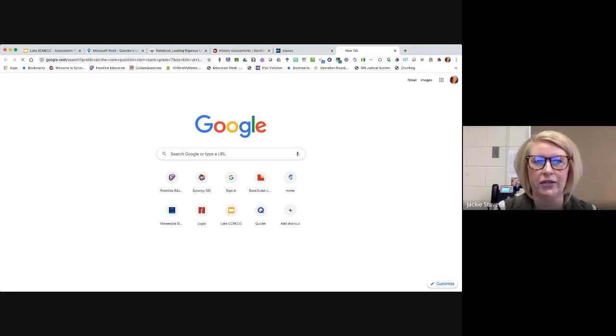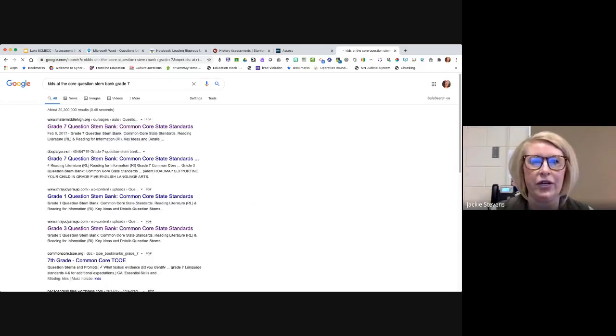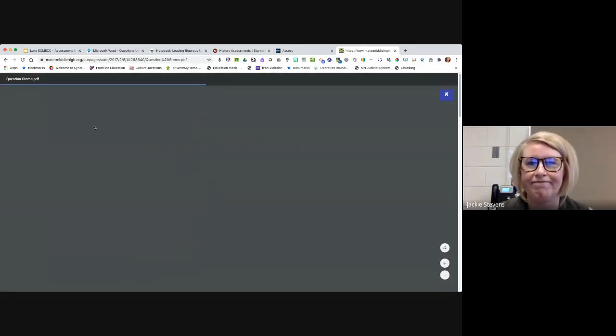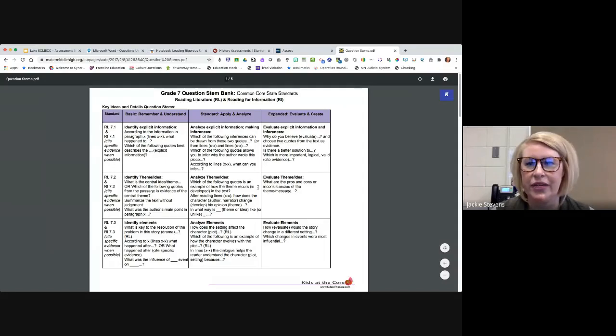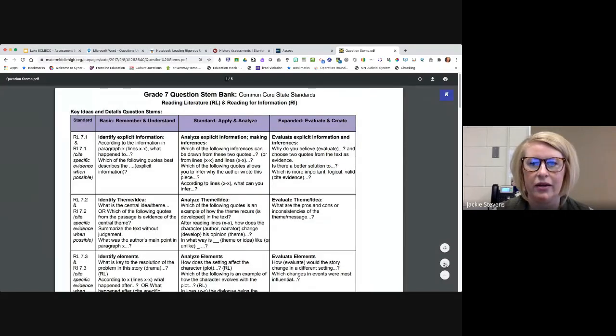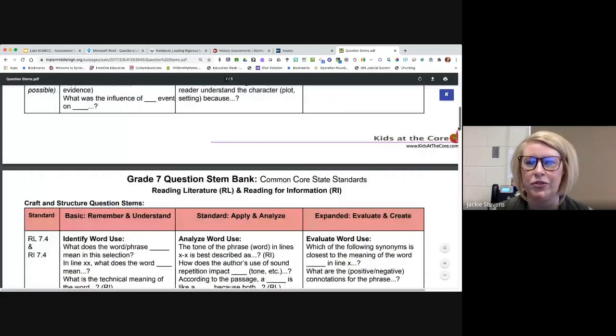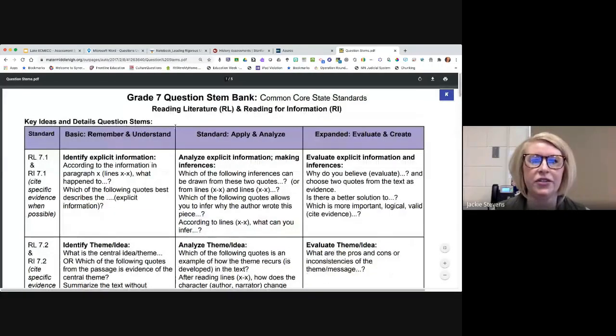Let's do grade 7, and this is for ELA, but it'll come up and you'll see that it is from, if I scroll down a little bit here, Kids at the Core, which used to be kidsatthecore.com. And these are for the ELA standards for 7th grade.